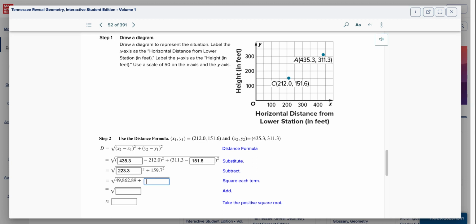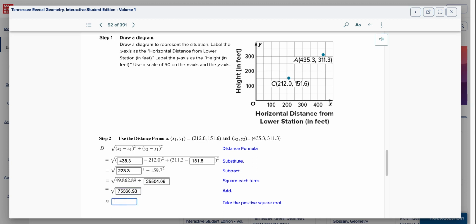And, oh, wow, 25,504.09. All right, I'm going to add those together. So I'm going to add 49,862.89 to my 25,504.09. All right, looks like I got 76,366.98.